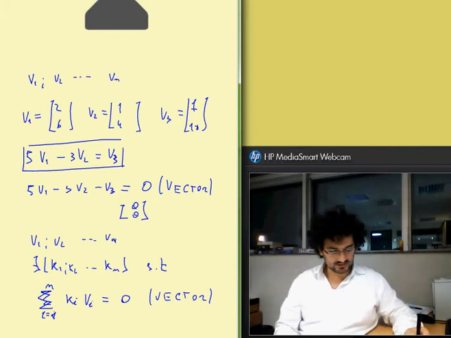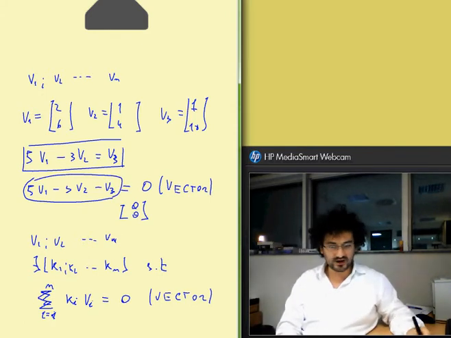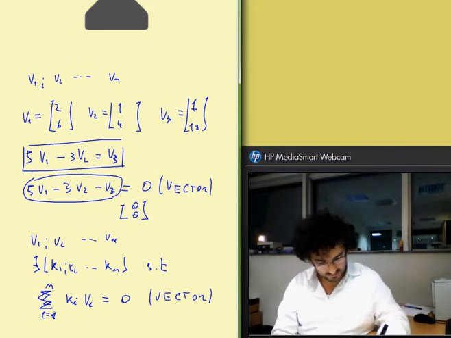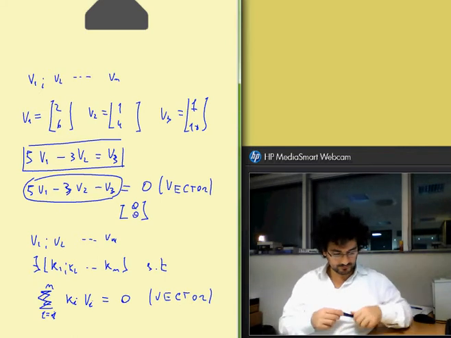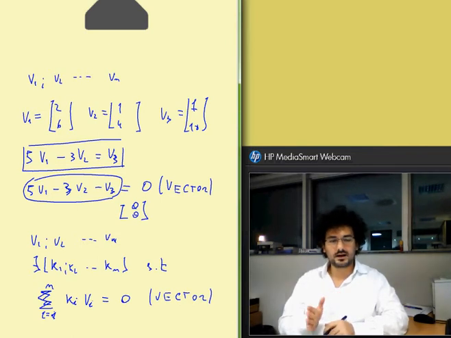Also, for instance, in this case, we have three scalars other than 0, which are 5, minus 3, and minus 1, and which gives 0 if we compute the sum of each scalar multiplied by each single vector.